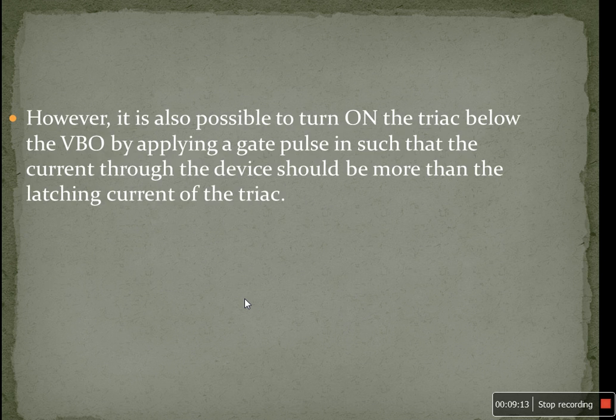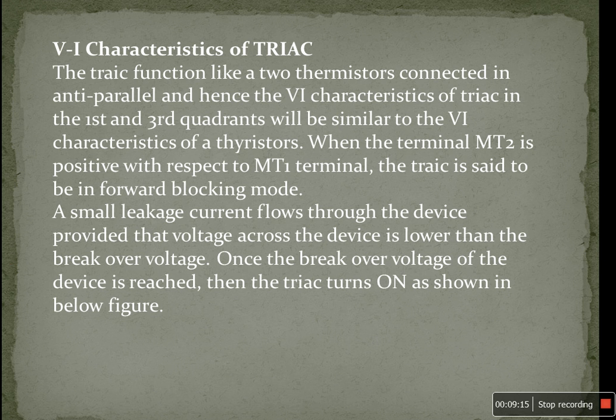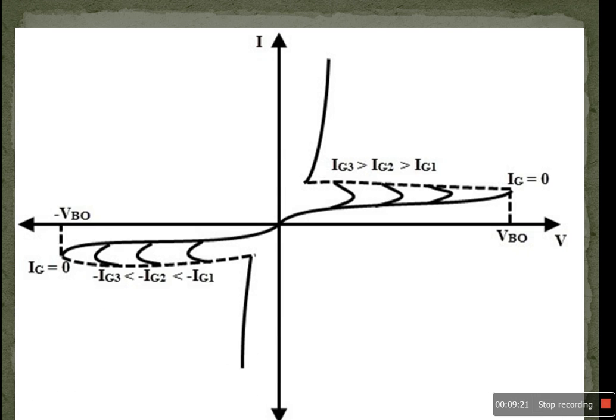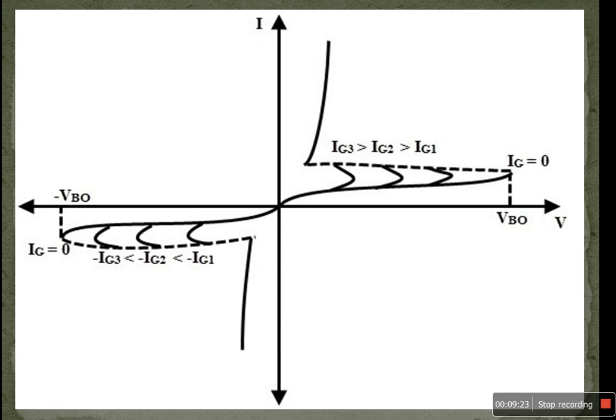For example, if MT2, that is main terminal 2, is positive with respect to main terminal 1, in that case the triac is said to be in forward blocking mode.